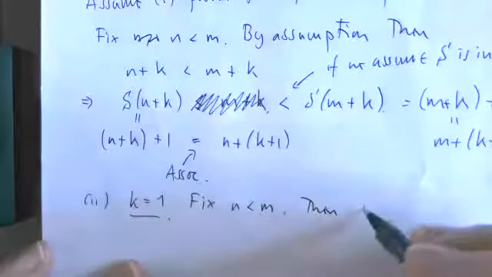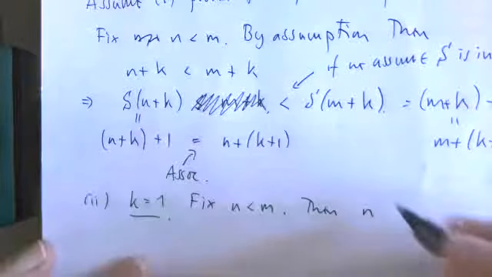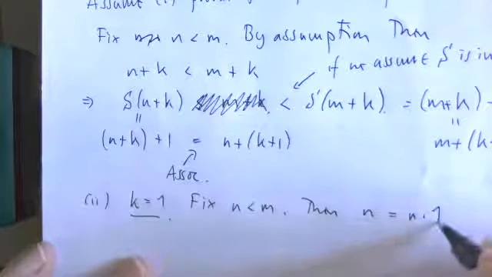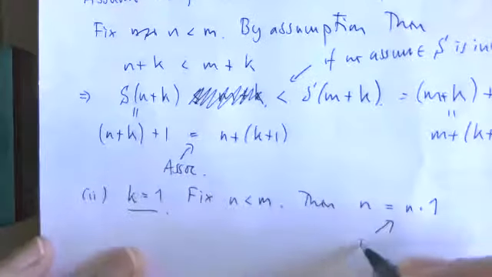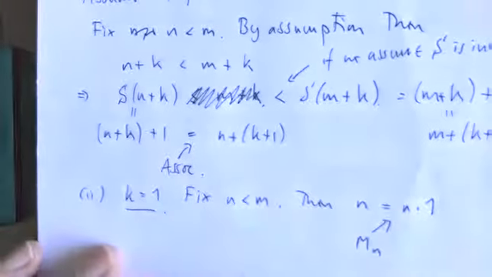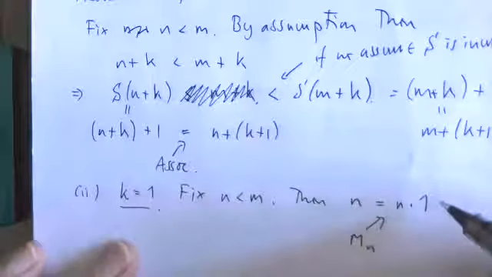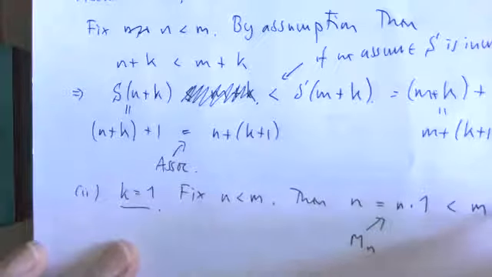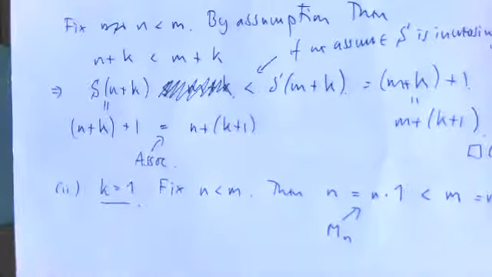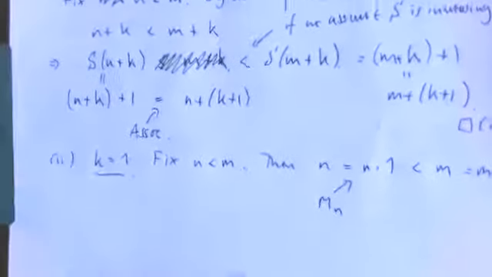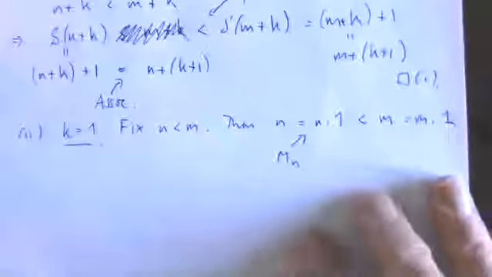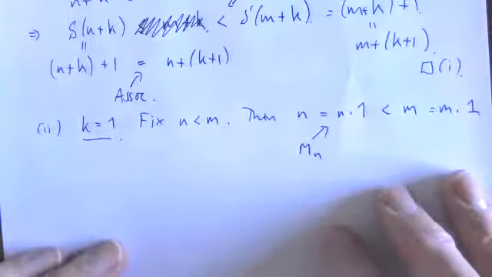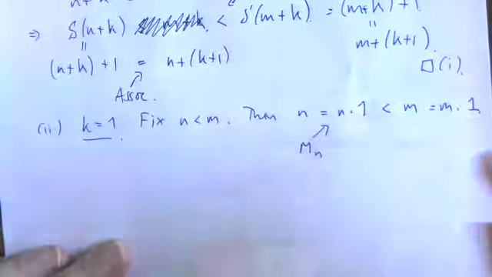Now you just say, again, it's kind of trivial. n equals n times 1. That's by the definition of multiplication here. So this is less than m, which is m times 1. So for k equals 1, we're done.